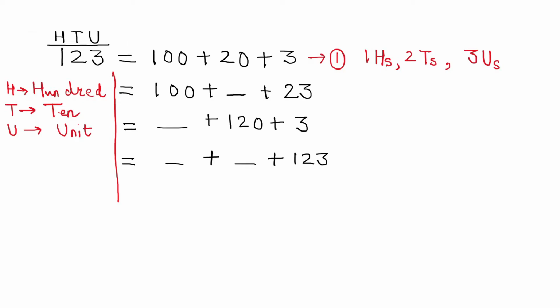So now the second way of writing the same here is, can I say it has 100s, followed by, does it have any tens here? No. So either I can write down 0 tens, or I can simply write it down as 23 units.